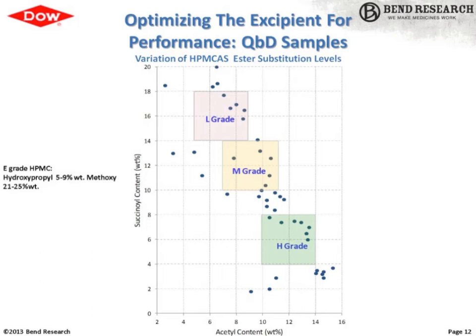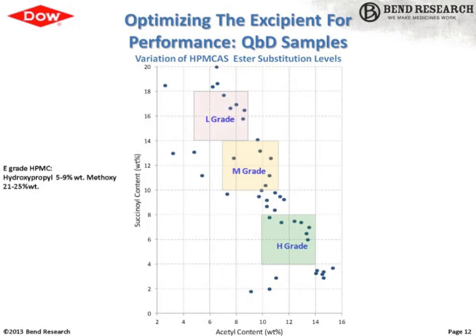And you can see in the case of hydroxypropylmethylcellulose acetate succinate, or HPMCAS, that there's some specified grades in the USP that aren't accessible using kind of a commercial grade. And so with Dow, now there's the availability of a variety of grades of polymers outside of the commercially available grades, and those are now available to do quality by design, or QBD sampling.